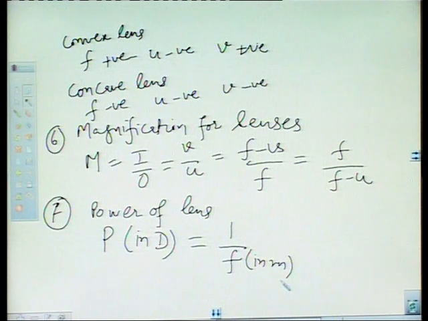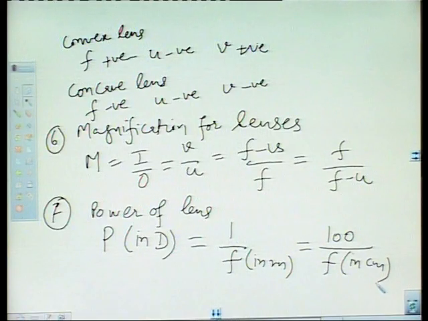Focal length is taken in meters. If we take it in centimeter, then the formula is 100 upon f in centimeter. For convex lens, power is positive, and for concave it is negative.